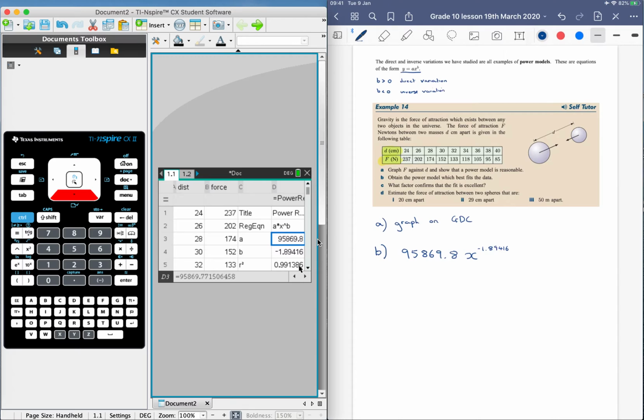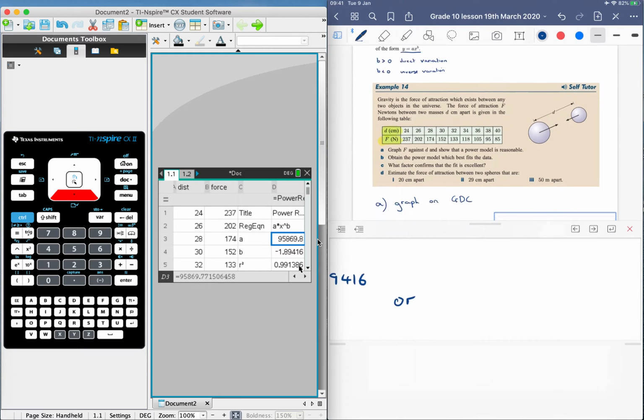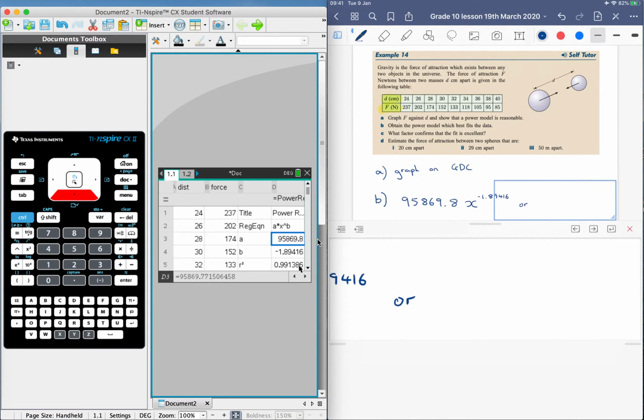So I suppose we could say, if we wanted to rearrange that, because we've got that negative power, let me just zoom in so I can be a bit more accurate with what I'm writing. So that is equal to, I'll change from an or, just to write an equal sign.